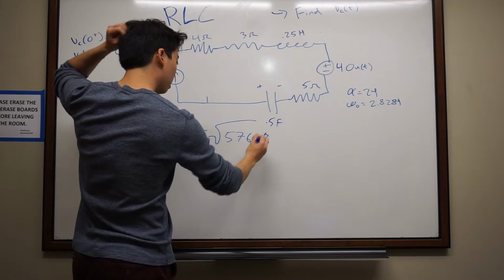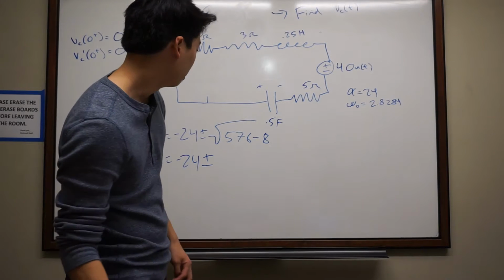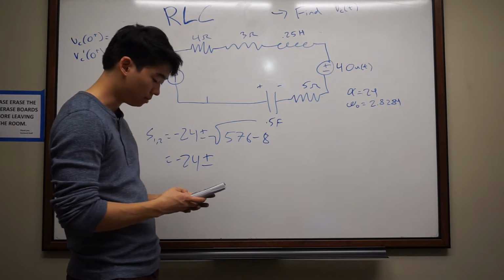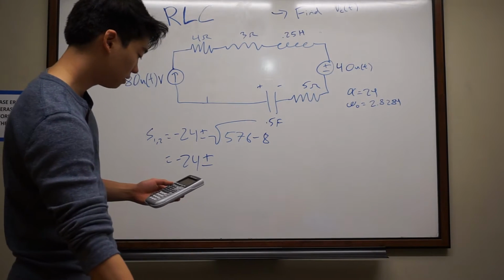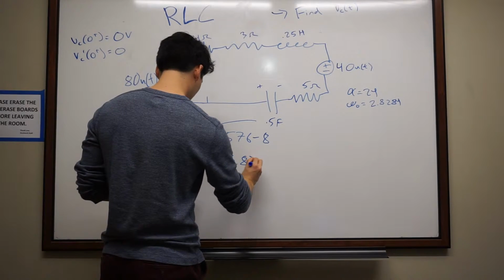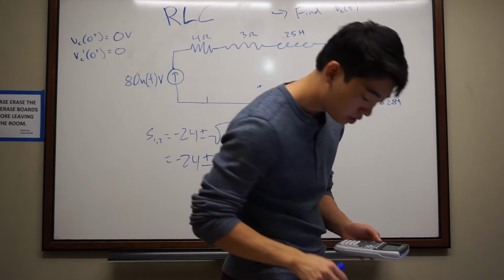So we get negative 24 plus or minus the square root of 576 minus 8, which is 23.83.